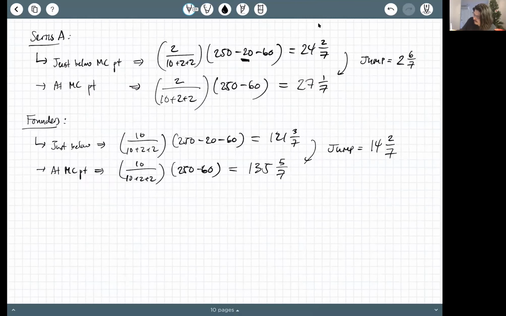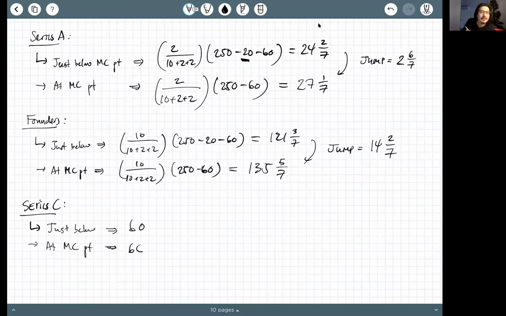What about Series C? So Series C has no change. They don't have any jump or drop, right? Because they own no equity, because they don't convert until 480 million, if I recall, right? So just below, and in both cases, they're still just getting their liquidation preference of 60 million.